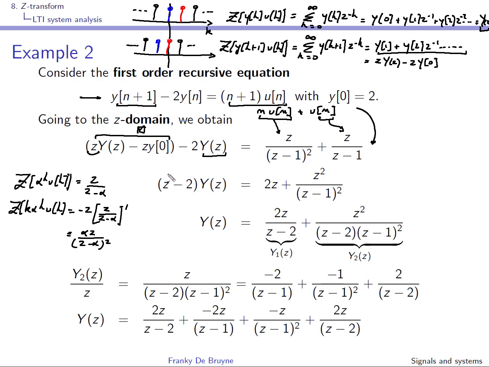So what we can do now is isolate everything that has to do with Y(z). So you'll have 1 over here and minus 2 over here. This is what we obtain, and this one here will be going on the other side with y0 equal to 2. What is done over here is that everything is put under the same denominator, right?